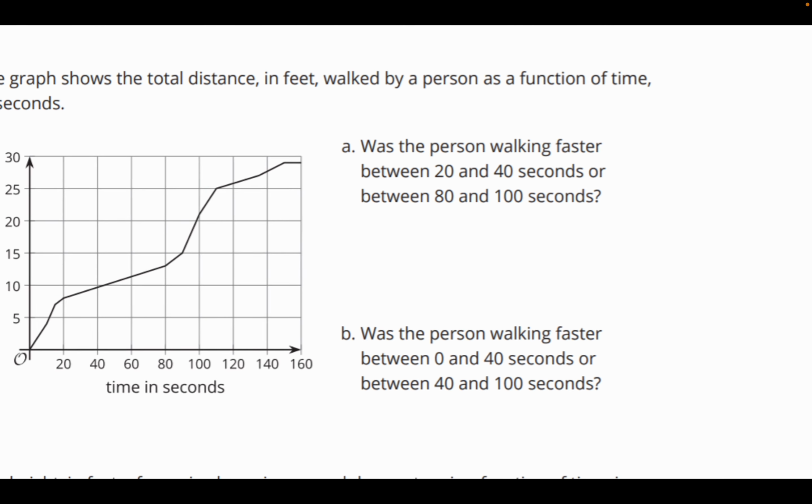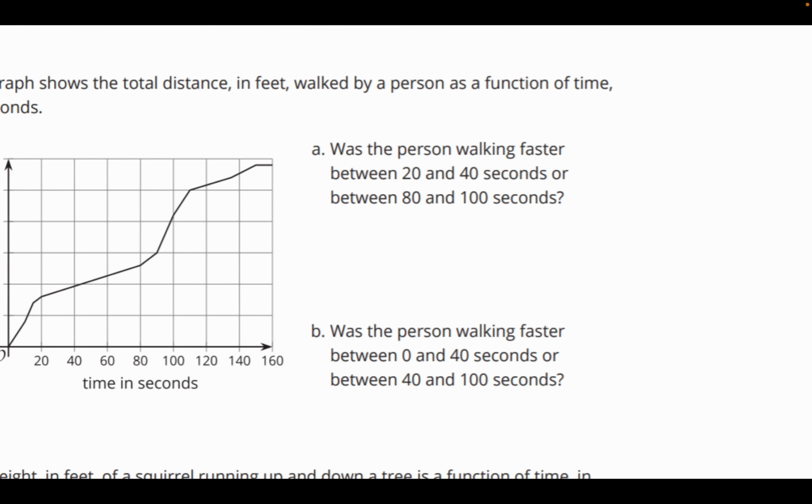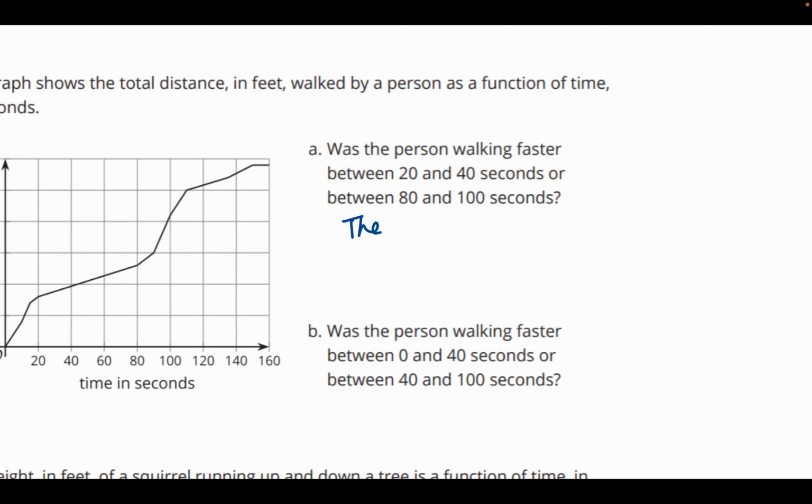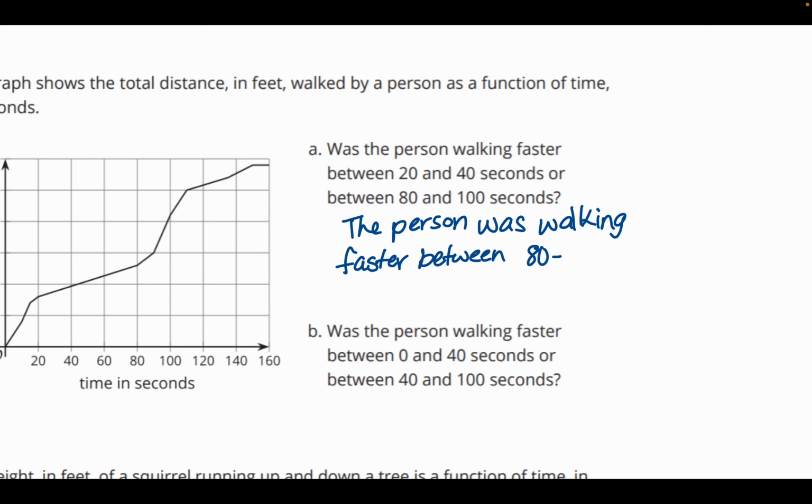So we would say the person was walking faster between 80 to 100 seconds.